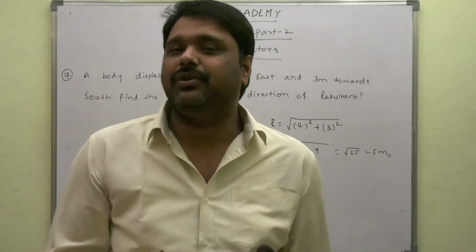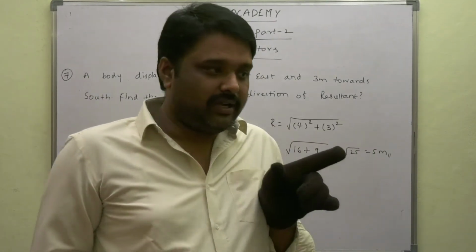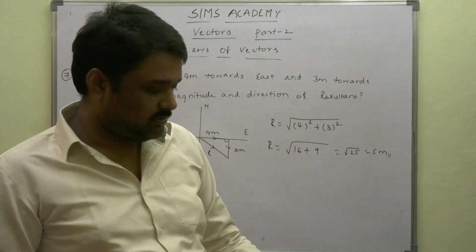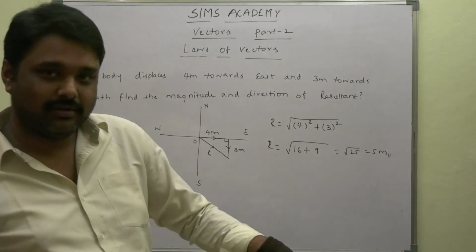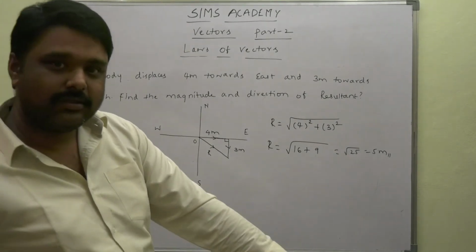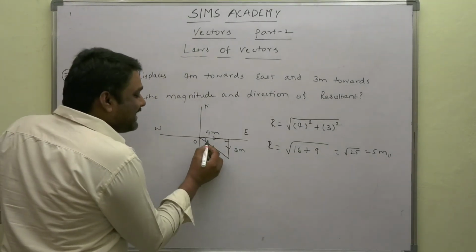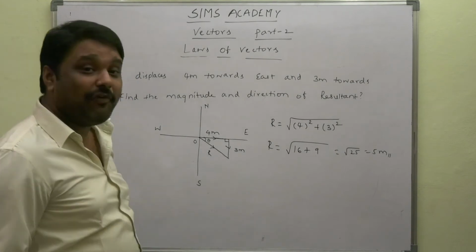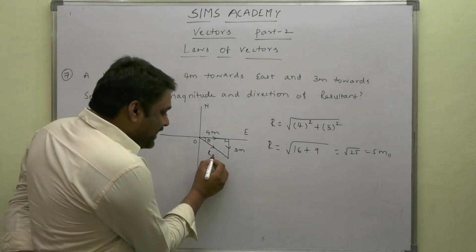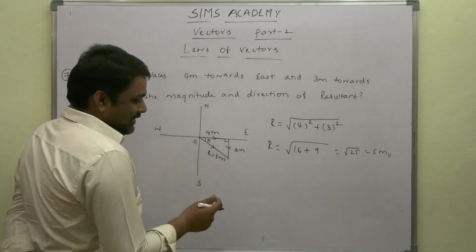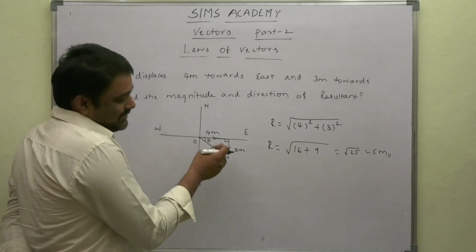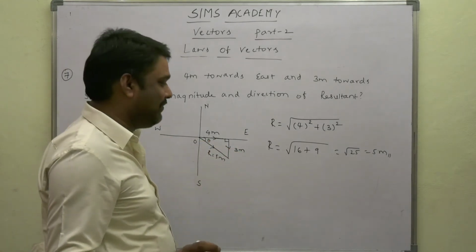What is the direction of resultant? It went east, then south, so it becomes southeast. At what angle is it being displaced? We need to find out. We can apply cos or sine or tan, whatever we want.